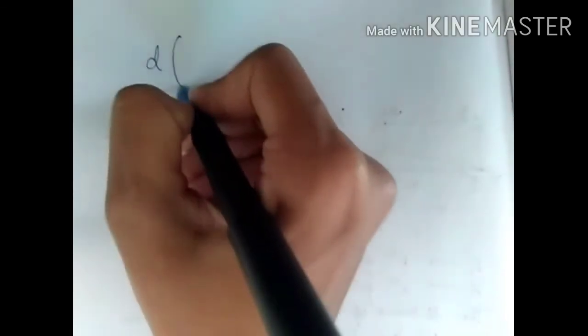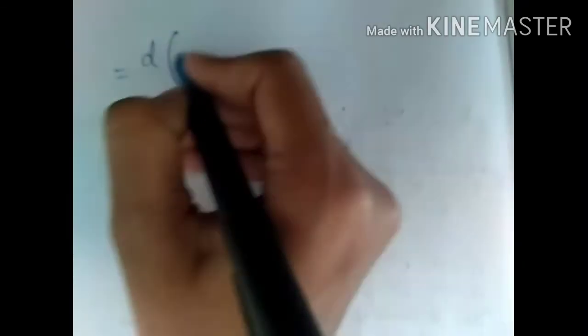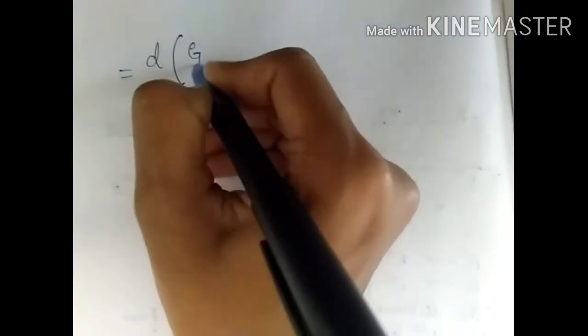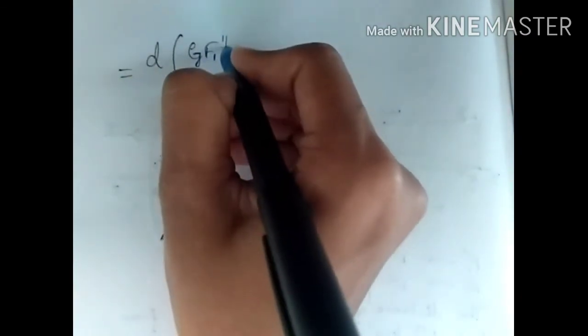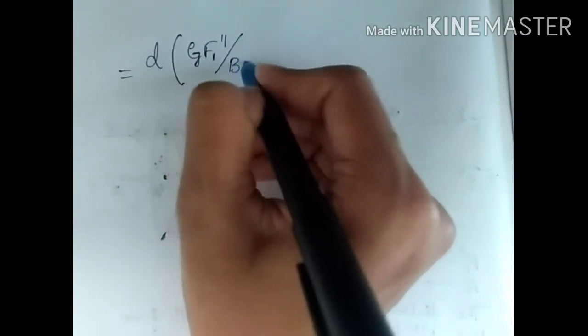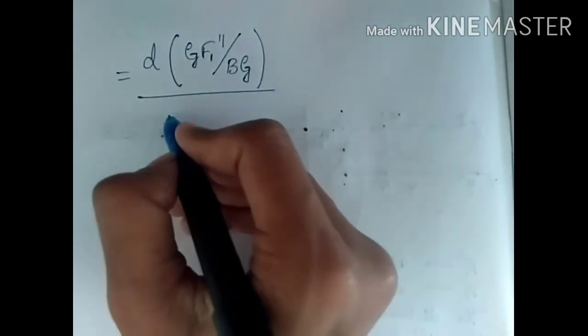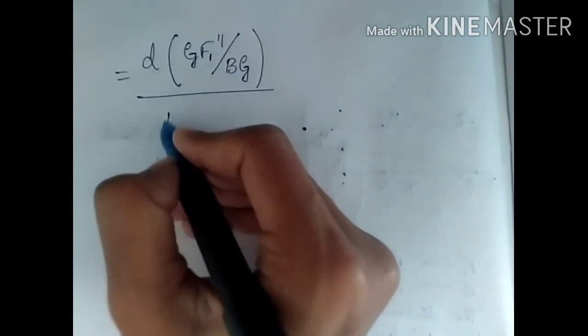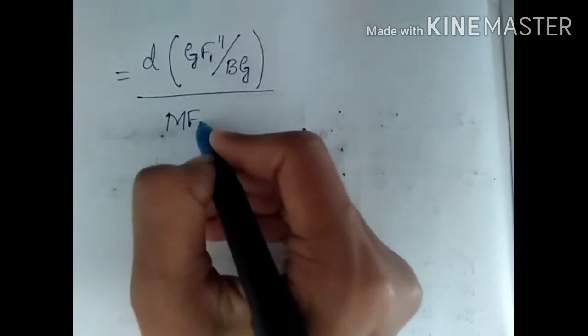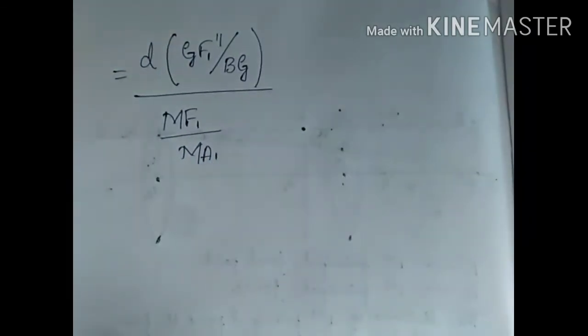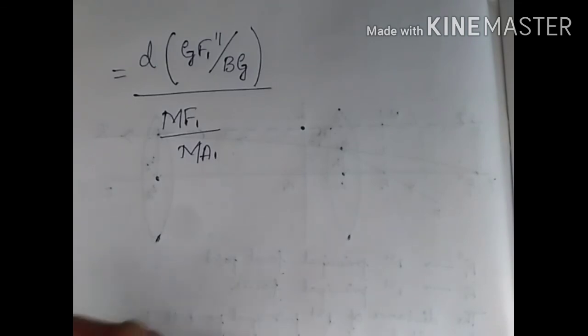So what we got? We got d and delta 2 as what? Delta 2 is equal to GF1 double prime divided by BG, and this is divided by, for delta, we got MF1 divided by MA1. So if you see here, does any term get cancelled?